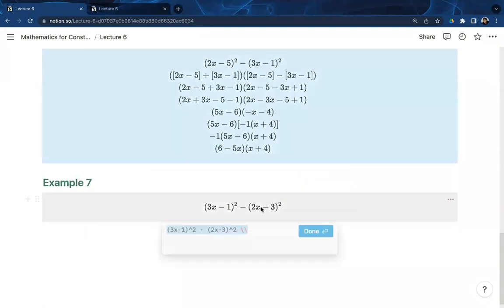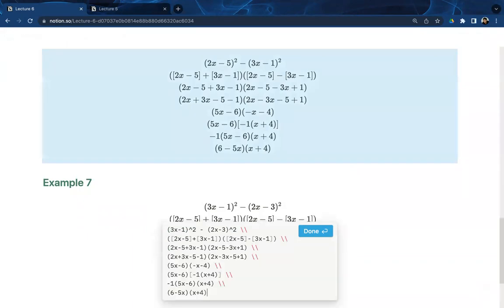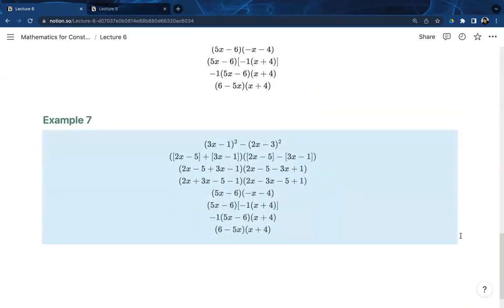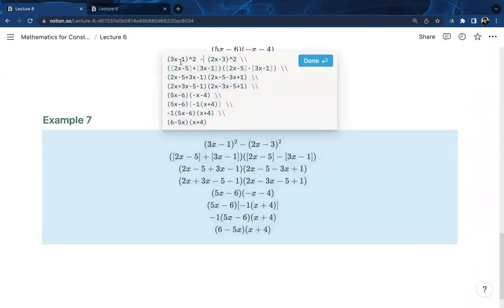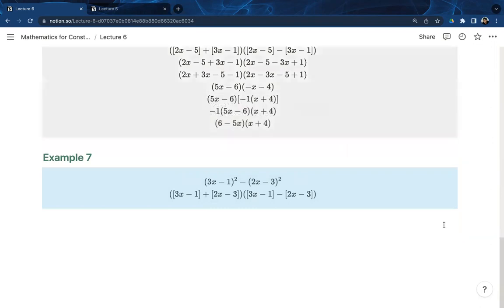Again, we have the same technique here. We could just copy it and paste it, and we could just simplify it. We have the 3x minus 1 here and here. I have the 2x minus 3 as the second element in both brackets, right?